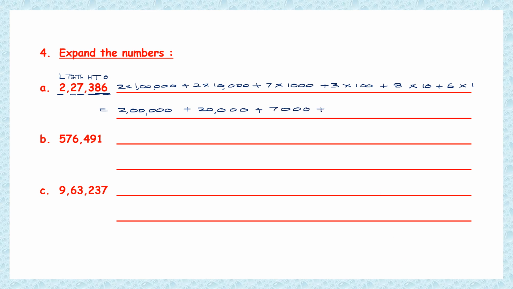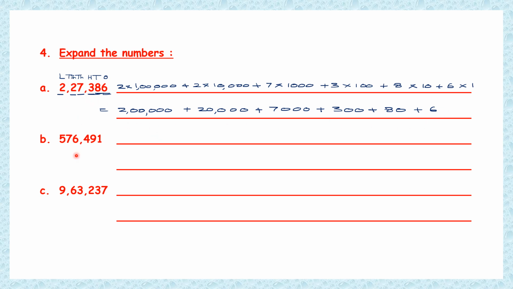Plus 3 into 100 is 300. Plus 8 into 10 is 80. Plus 6 into 1 is 6. So we have expanded this number. So this is how you have to do. First step, you have to do it this way. In the second step, you have to multiply and get your answer here. Now, when we write this in the short form, we get back this whole number.